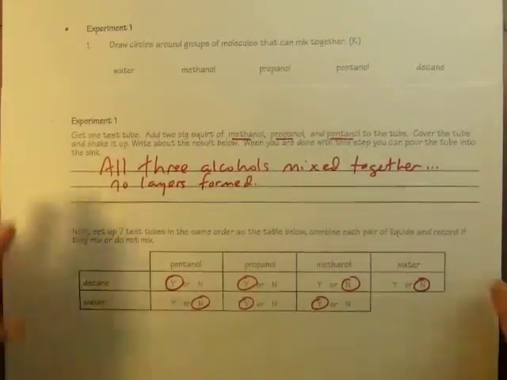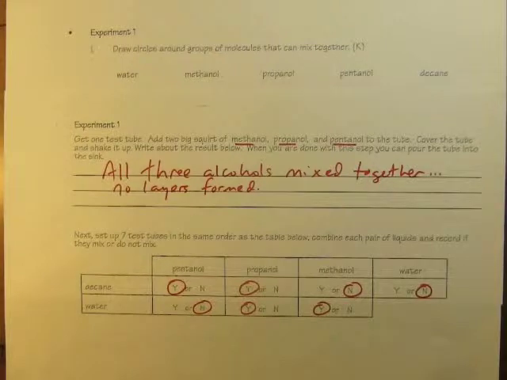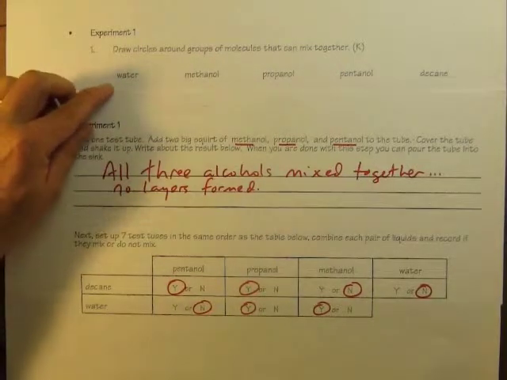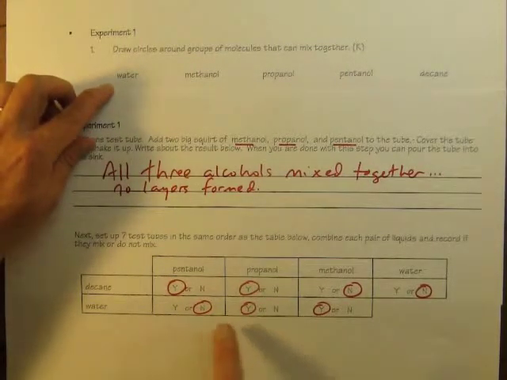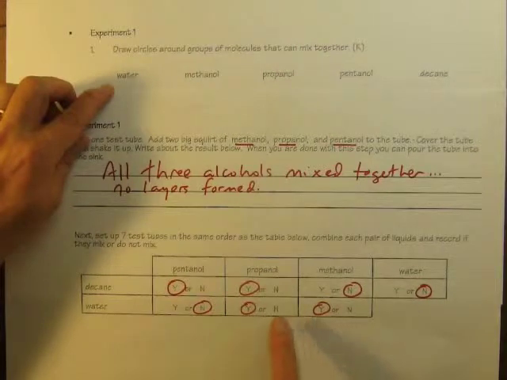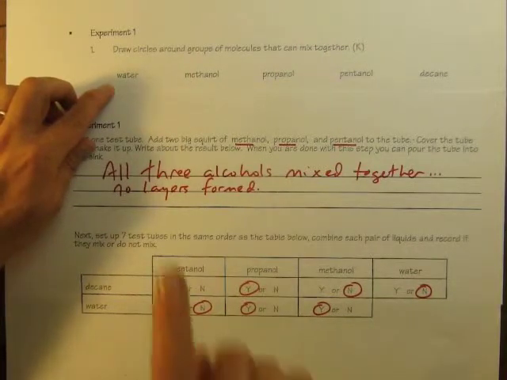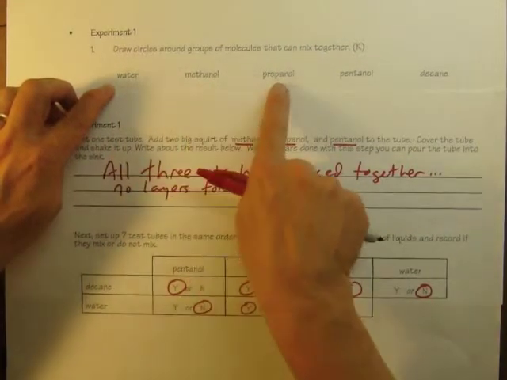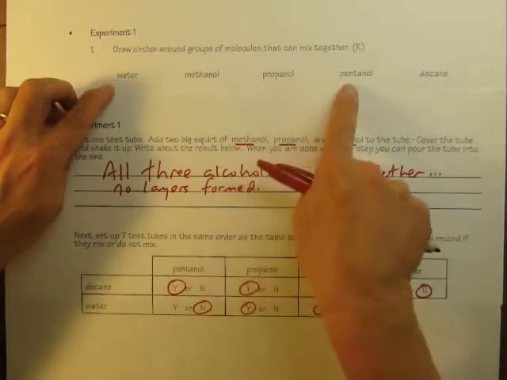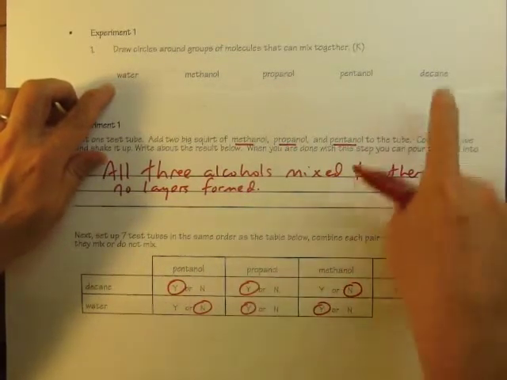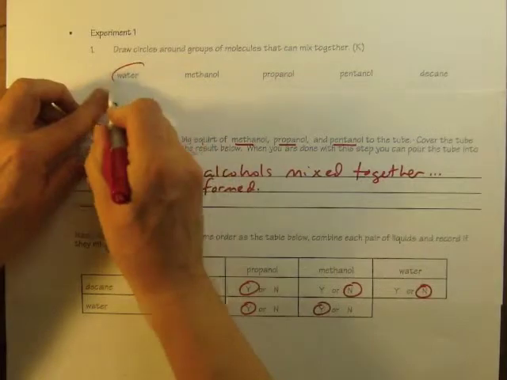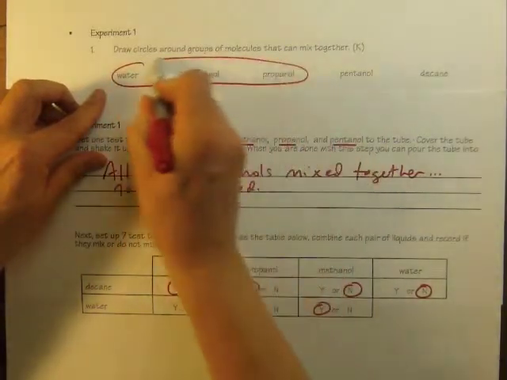Okay, so according to our results, water was able to mix with methanol and propanol, not pentanol. So water was able to mix with this one and this one, but not this one, and water also did not mix with decane. So we can circle water, methanol, and propanol.